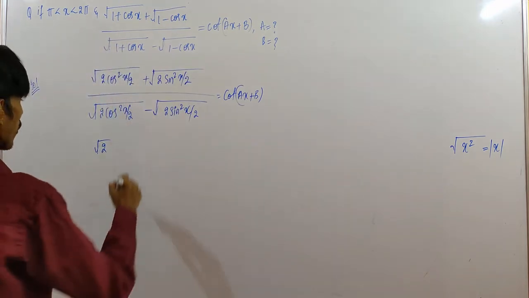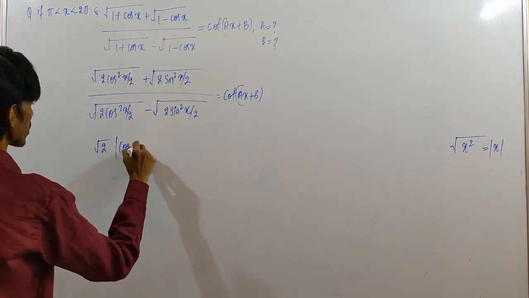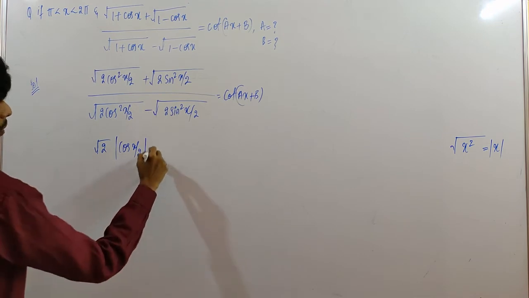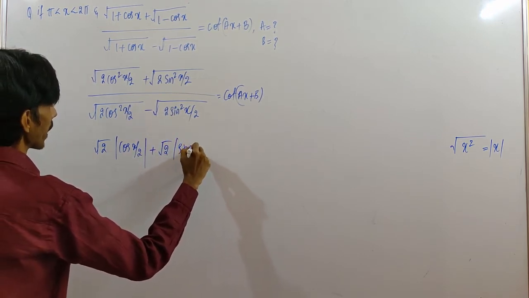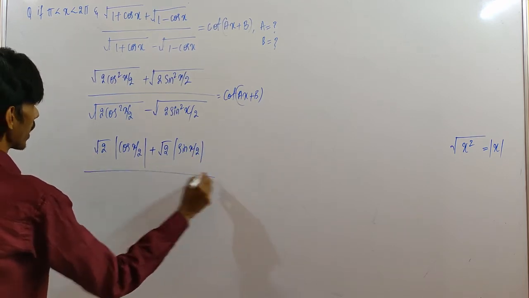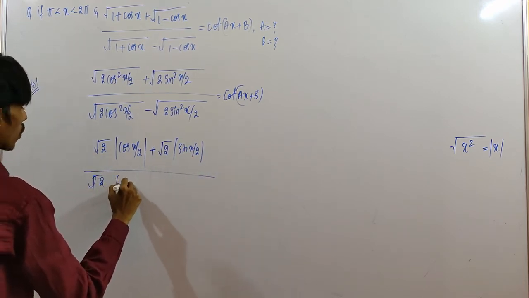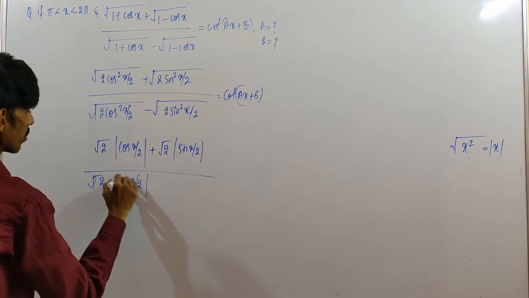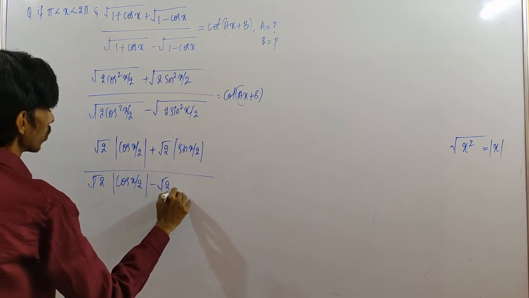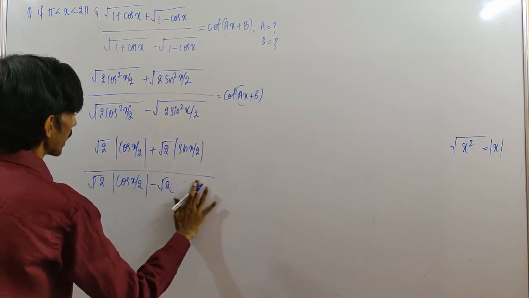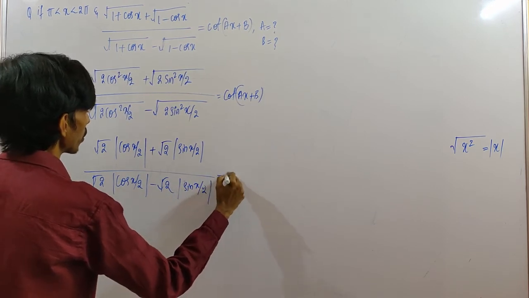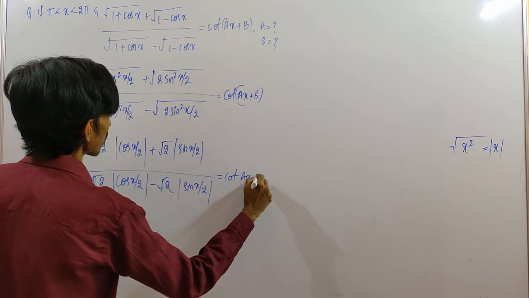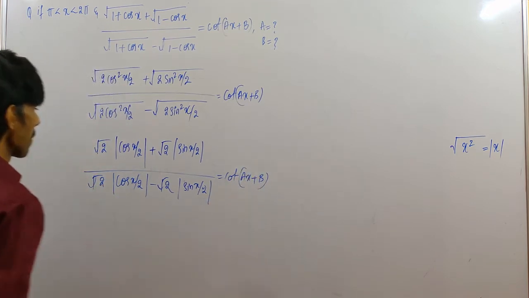So here it will be mod of cos x by 2 plus root 2 mod of sin x by 2, divided by root 2 mod cos x by 2 minus root 2 mod sin x by 2, is equal to cot(ax plus b).